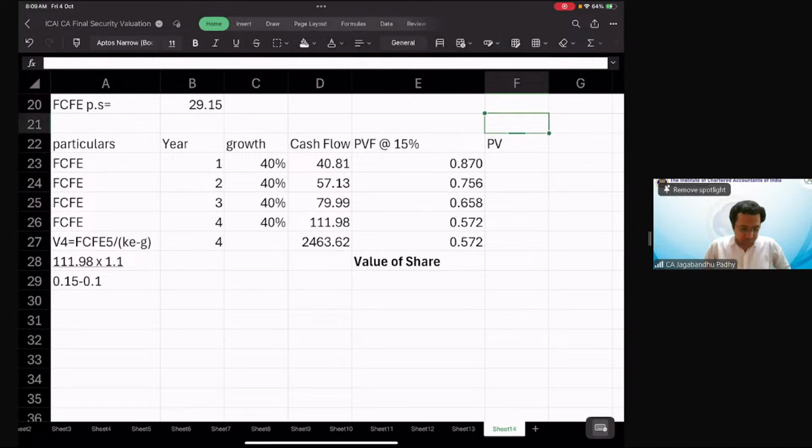Give me the price, the value of the share today.